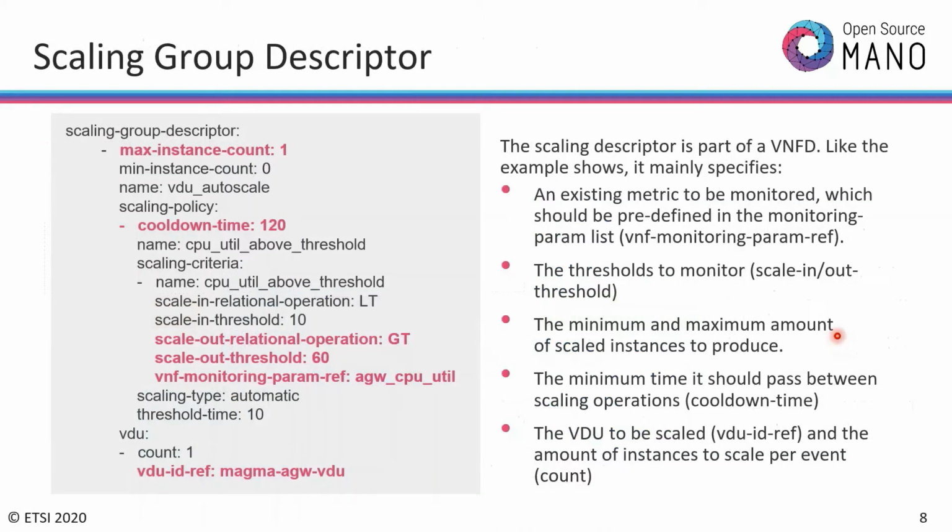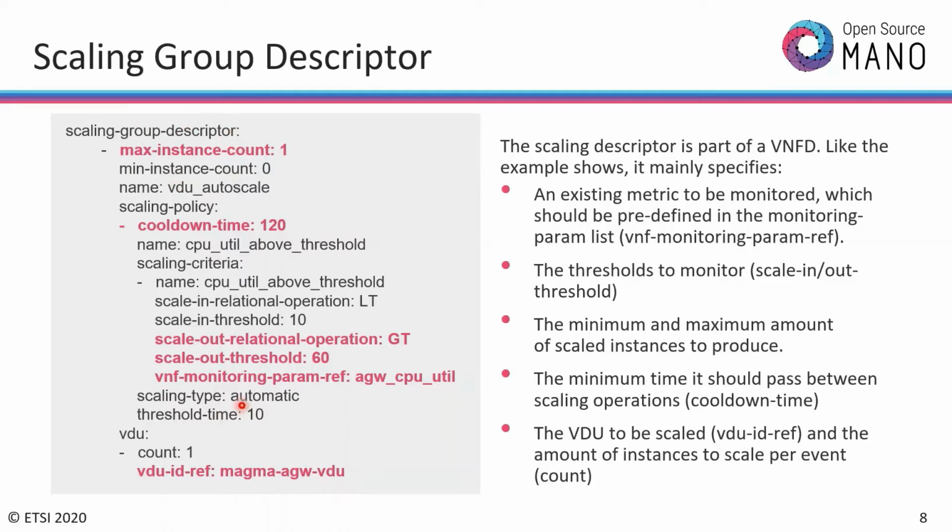So what we'll see now is the scaling part first, where the auto scaling is happening. For that, you have to write a scaling group descriptor in the VNFD. We'll be using the same slice, the slice one that we created in the first session today. And the scaling policy is already there in that VNF descriptor.